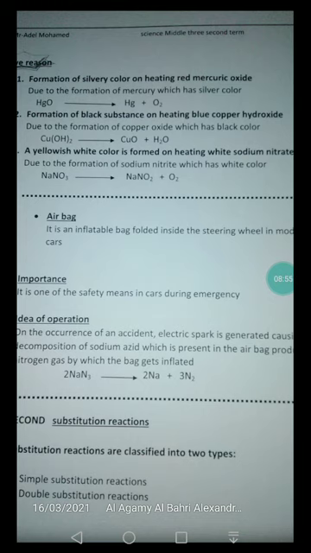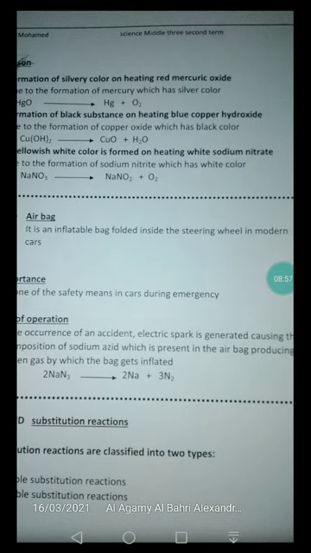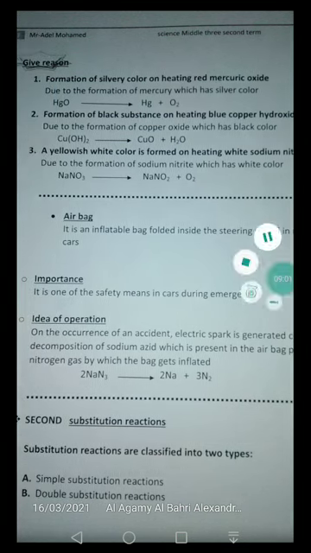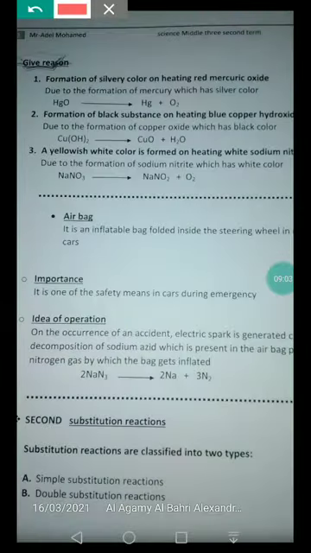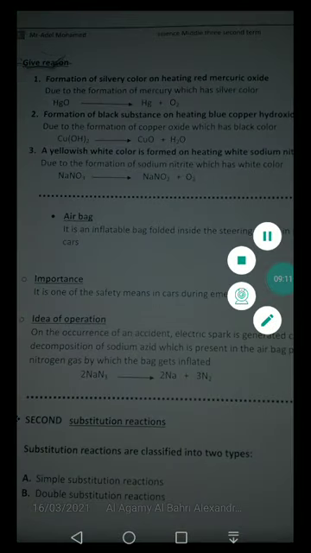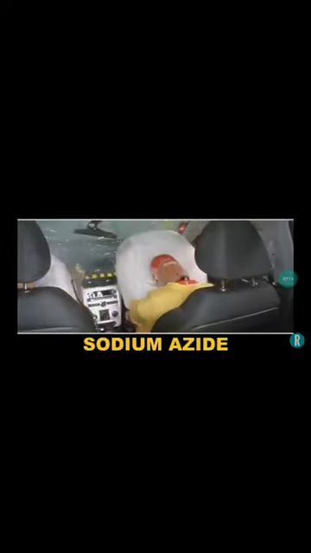The remaining part of this thermal decomposition lesson is the application, which talks about the airbag. What about the airbag? You know, this is used in modern cars. The airbag, as you can see here, contains sodium azide.